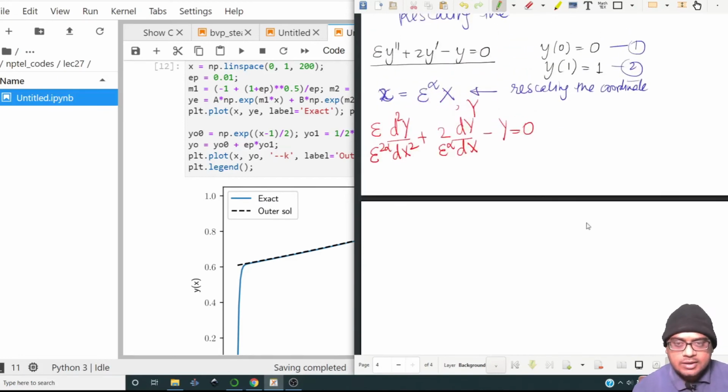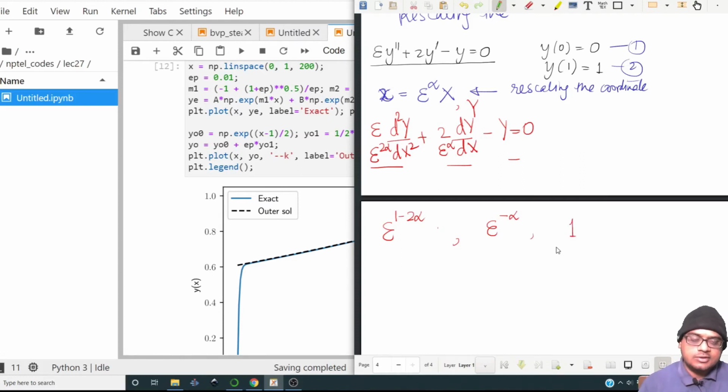Let us now analyze the different orders of magnitude of the three terms. The first term has an order of magnitude epsilon raised to 1 minus 2 alpha. The second term has an order of magnitude epsilon raised to minus alpha. The third term is order 1. How do we know these are the orders?